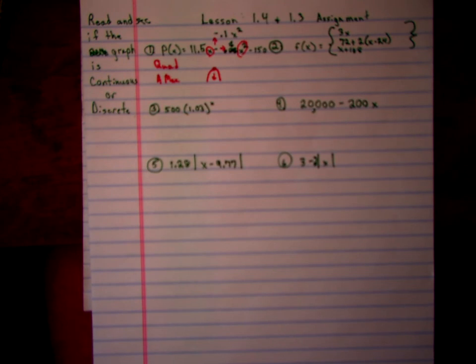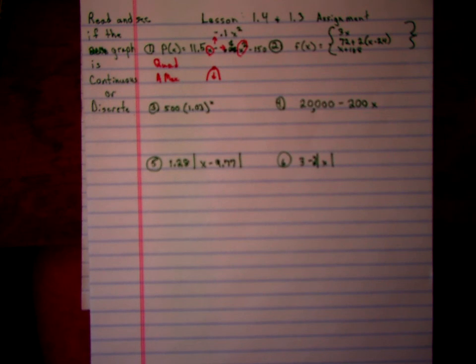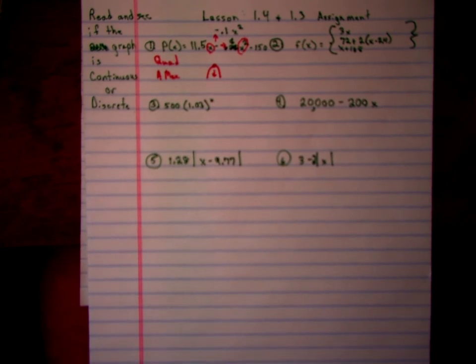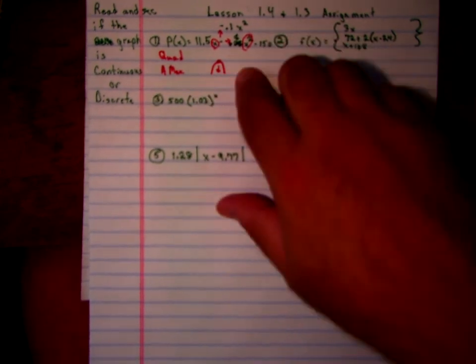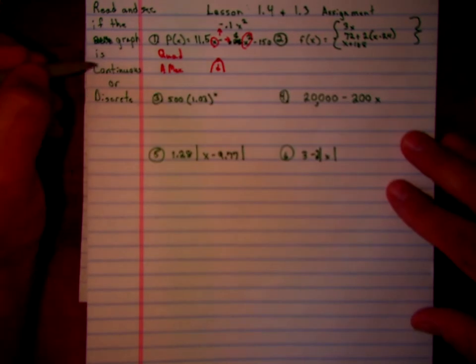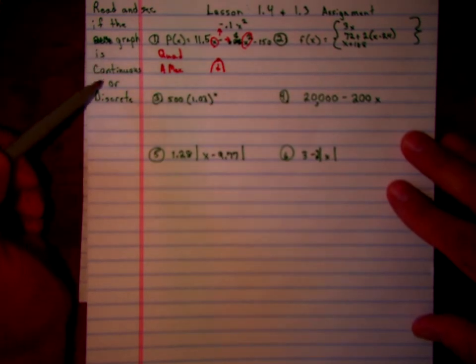Now, here's the situation. It says a fitness company is selling DVDs for one of its cardio routines. Each DVD will sell for $15. Due to the fixed and variable costs, the profit of the company selling x DVDs can be represented by the following function. So, we're selling DVDs. Is that continuous or discrete?